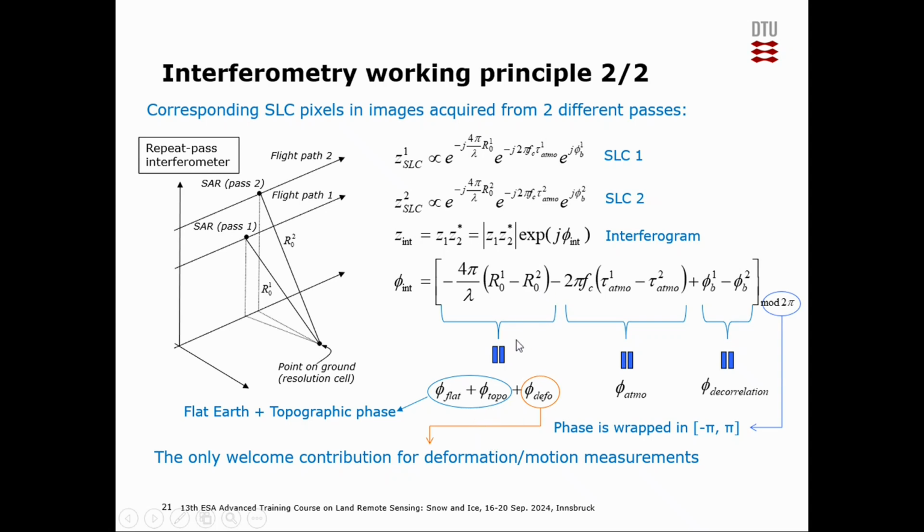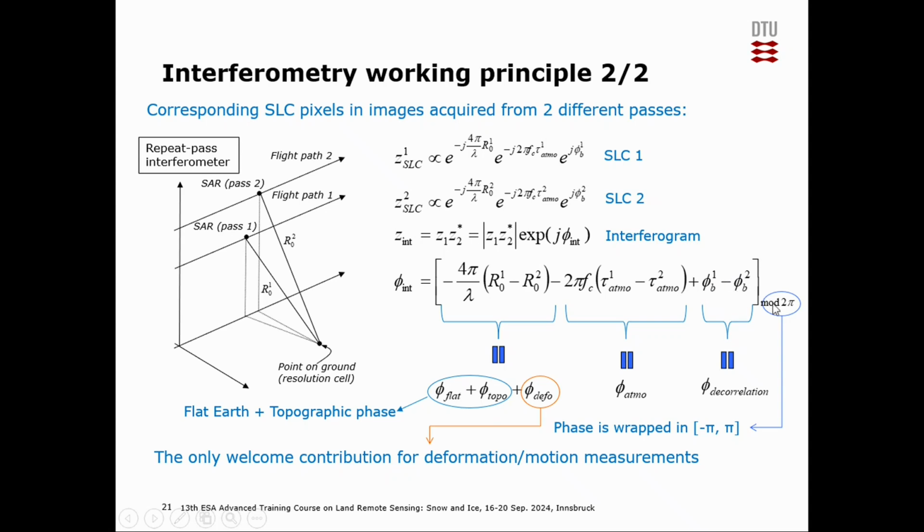In the deterministic term, the only term we are interested in for motion measurements is the one due to changes of position on ground at different acquisitions. There are, however, also other contributions due to topography and simply to the horizontal position of the scatterers on the Earth ellipsoid. And then we have atmospheric and the so-called decorrelation phase, which is this phase difference between speckle terms.